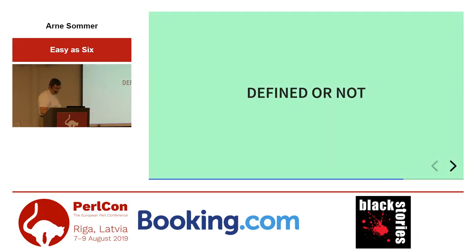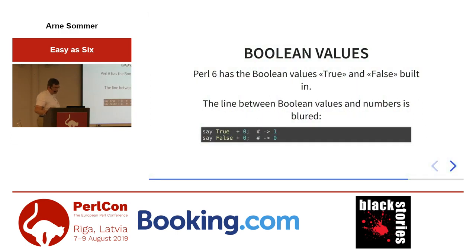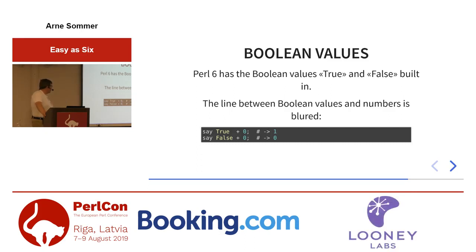Defined or not. Boolean values. Perl 6 has the Boolean values true and false built in, but the line between Boolean values and numbers is blurred, so you can actually coerce them to a numeric value if you want to.